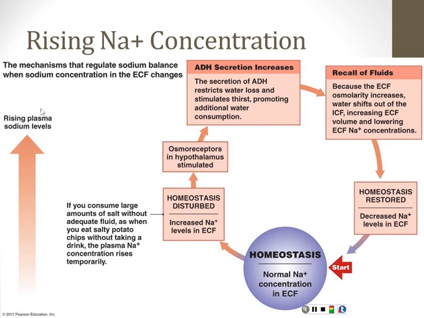All right, so in the case of the rising sodium concentration, that's that first line over there. So, what happens? Well, we go from homeostasis to an increased sodium level. Well, how? Taking in excess sodium can do this. If you have a very salty snack, for example, or you miscalculate on a recipe.